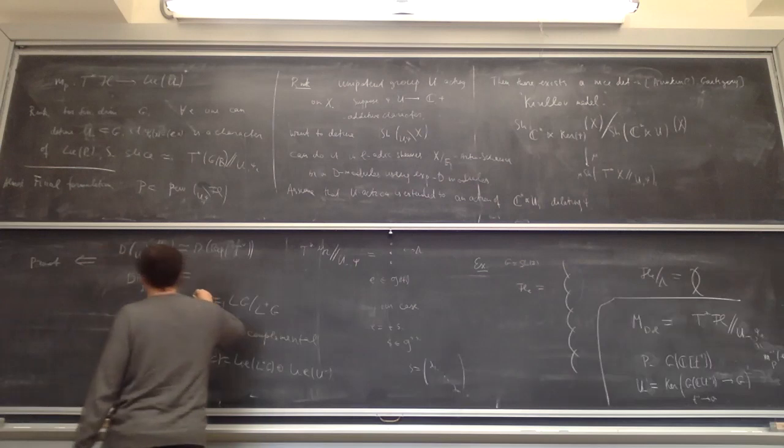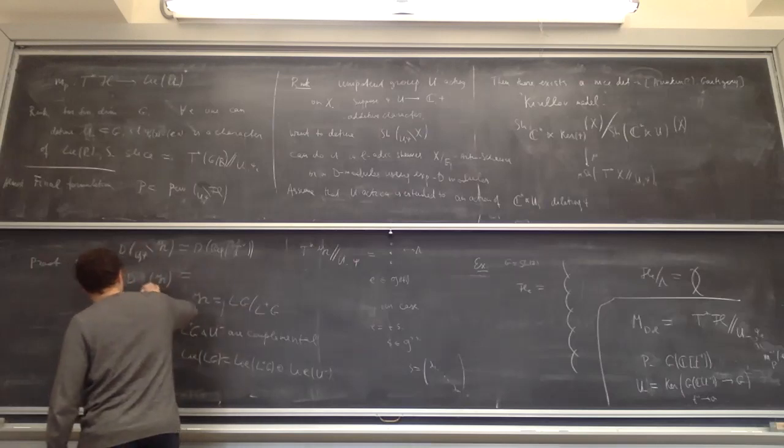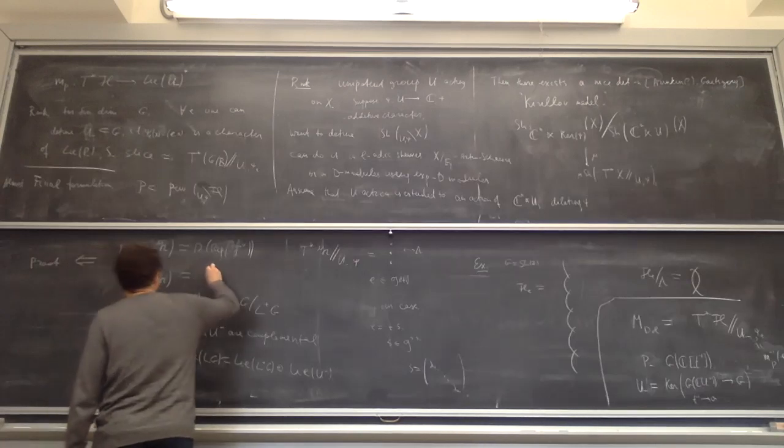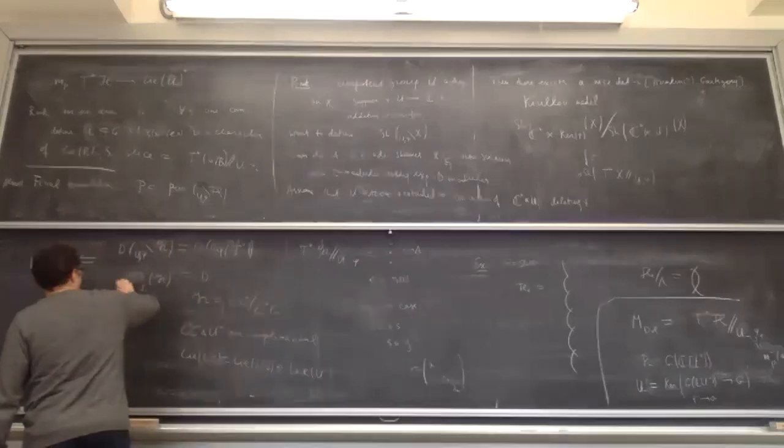Well, this is maybe let's first say I_0, where I_0 is a unipotent radical. So this is basically the same category that appeared before. So the Whittaker sheaves.